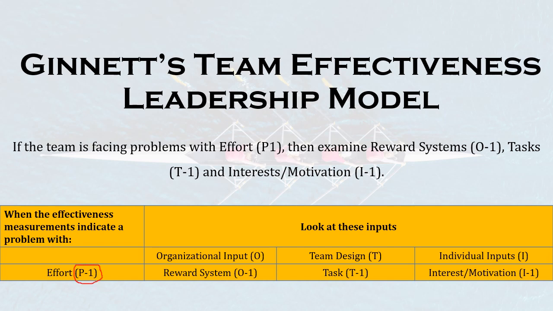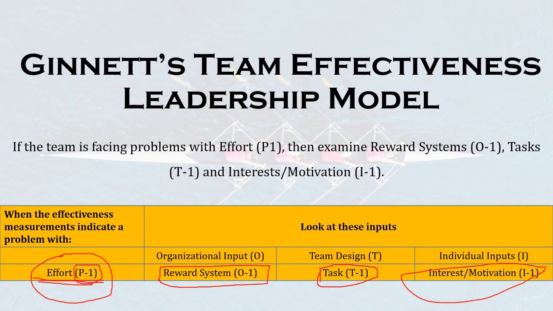Now if the leader finds that there is a problem with the efforts put in by the team members, then because efforts lie in the first criteria, we need to check whether the team members are satisfied with the reward system of the organization, or whether the reward system is not clear to them, or the tasks being performed are not clear to them, or the team members are not interested or motivated in working towards that particular task.